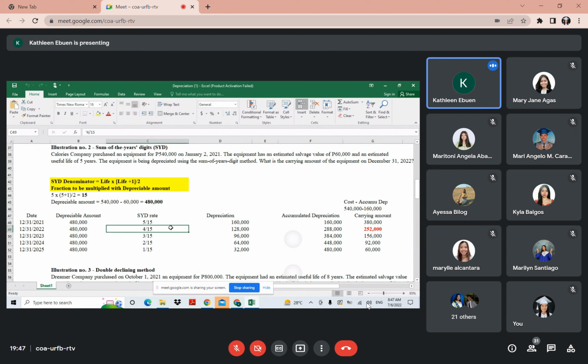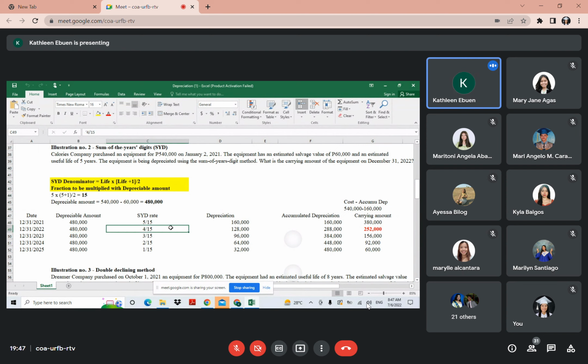Estimated salvage value was at 50,000 at the end of its useful life. The equipment is being depreciated using the double declining method. What is the depreciation expense? What is the depreciation to be charged against 2022 income?